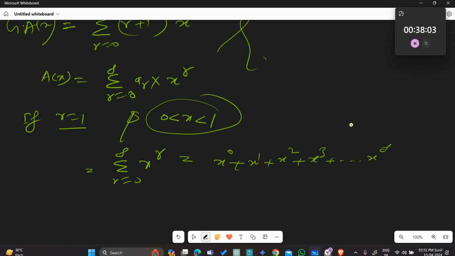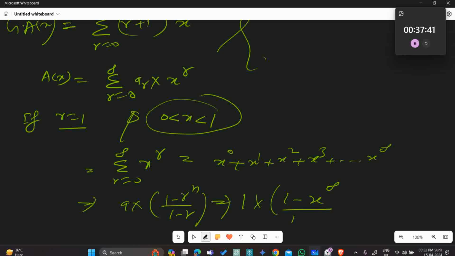So what will it become? It will become a into 1 minus r to the power n upon 1 minus r, which is 1 into 1 minus x to the power infinity upon 1 minus x.